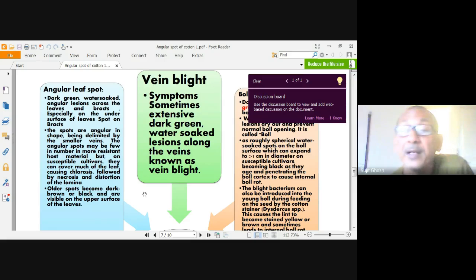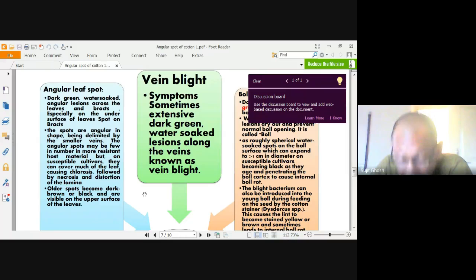Instead, it will affect the green portion of the leaf, causing chlorosis, meaning discoloration of the leaf, followed by death of the tissue, meaning necrosis, and simultaneously the structure of the leaf becomes distorted, which is called distortion of the lamina. With age, these dark green patches become dark brown or black, and generally it is observed on the surface of the leaf.